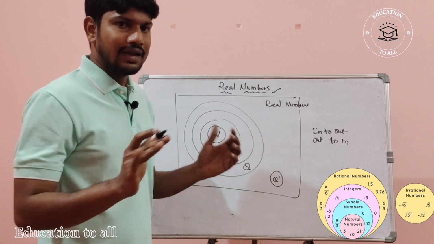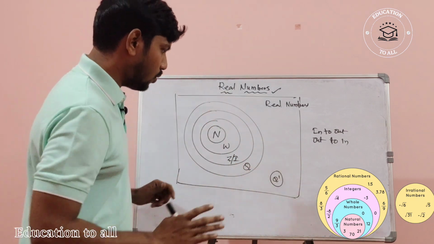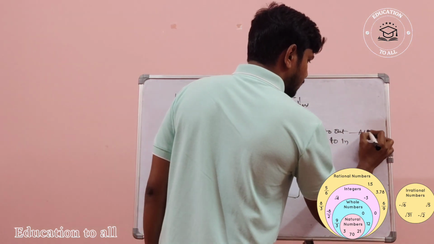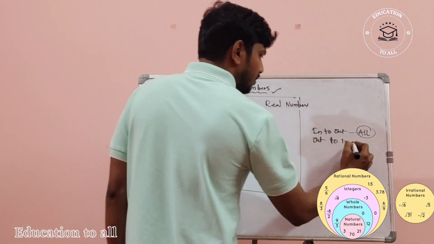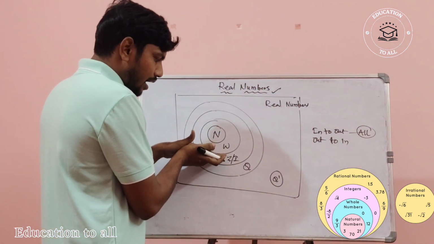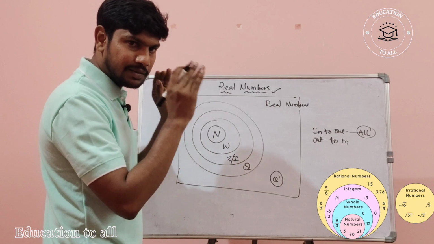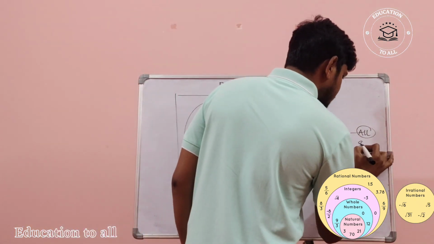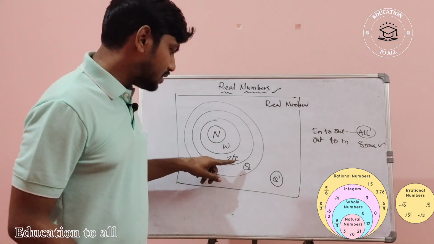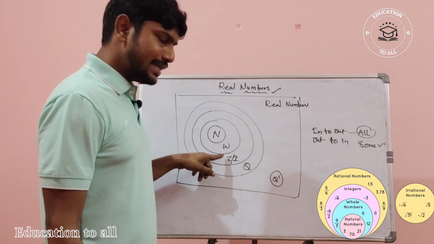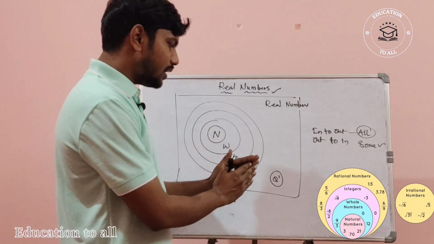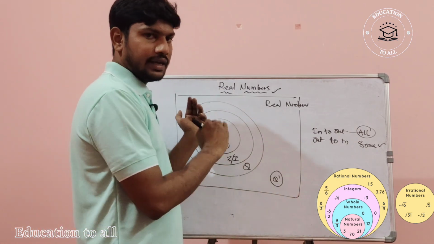Now, if you go from in to out, all is possible. Next, if I go from out to in, all rationals are integers, all integers are whole, that's absolutely wrong. So some is possible. I can say that some rational numbers are integers, some integers are whole, some wholes are natural.